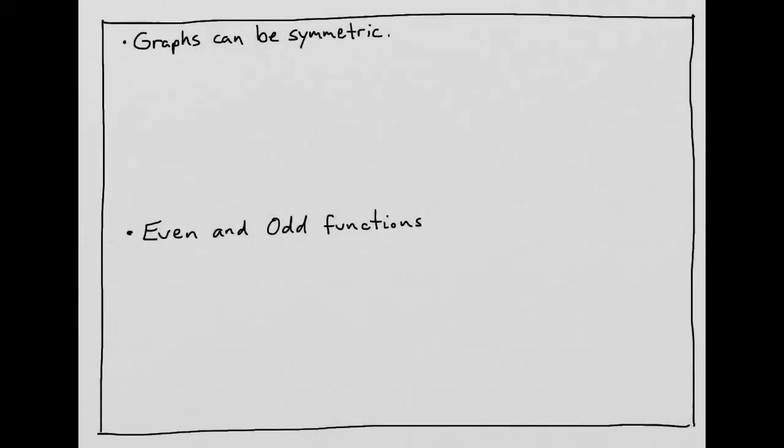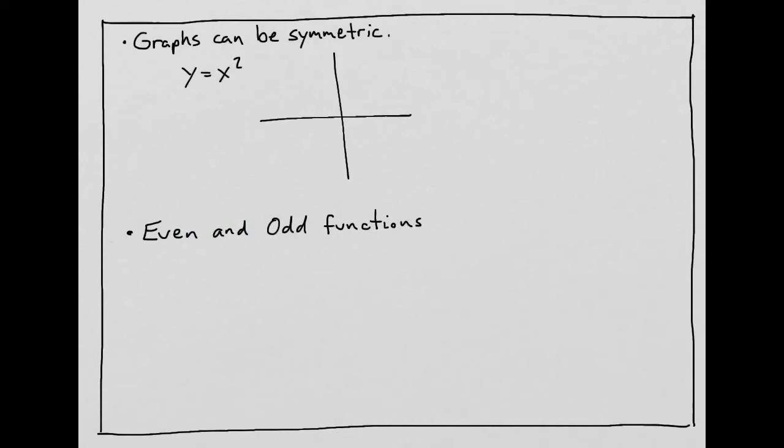Graphs can be symmetric, and we think of a graph as symmetric if it's balanced in the ways that we've talked about. So let's consider the graph of y equals x squared. I hope this is a pretty familiar graph. If it's not, that's fine too.